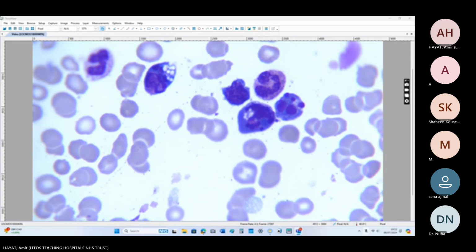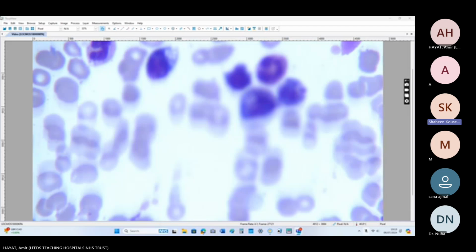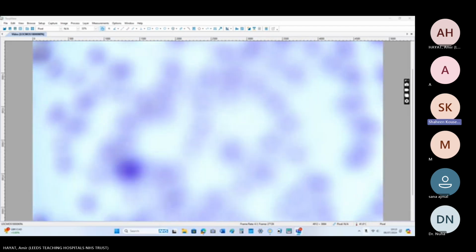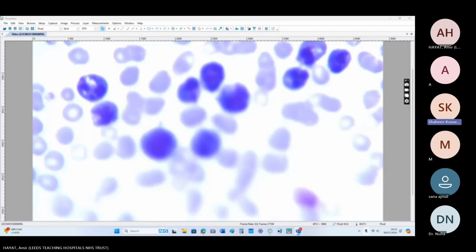So how would you manage this? For example, you have been given a major, an open question. How would you manage this? First is the TLS prophylaxis and monitoring of the electrolytes, hydration, and then planning for the chemotherapy.